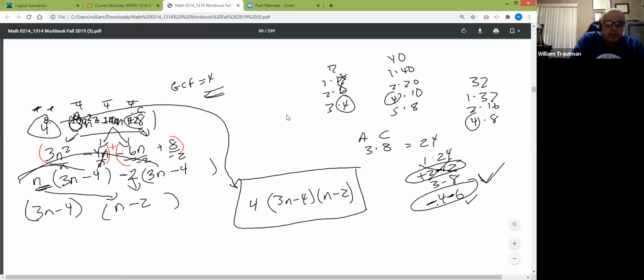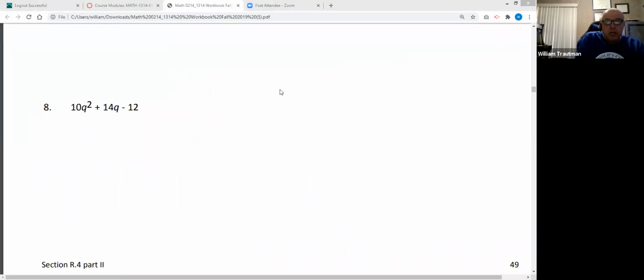Number 8. Factor out a GCF. If you look at each term, they're all divisible by 2.